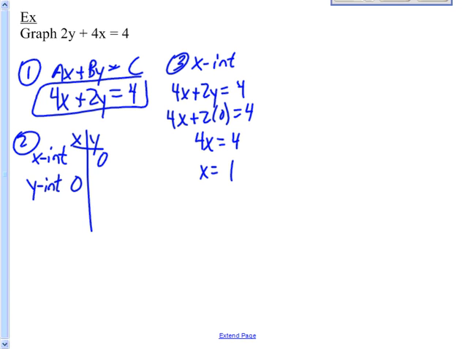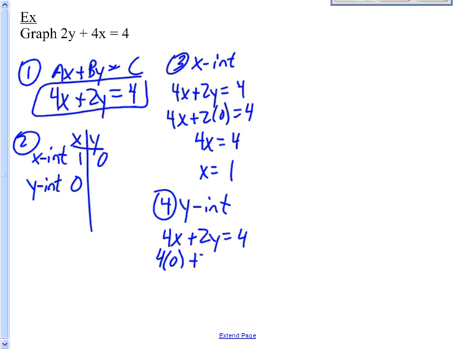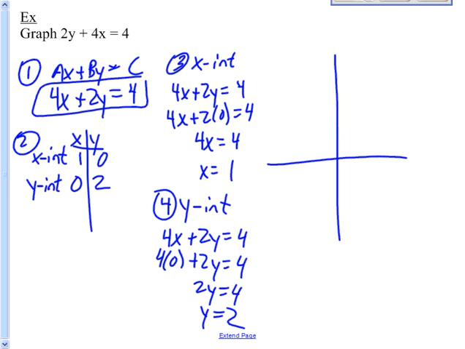X is 1. Okay, now find our y-intercept by letting x be 0. Let's divide by 2. Looks like we got 2. So we got 1, 0, and 0, 2.